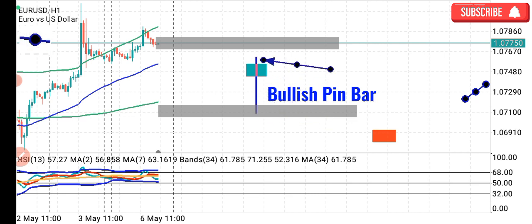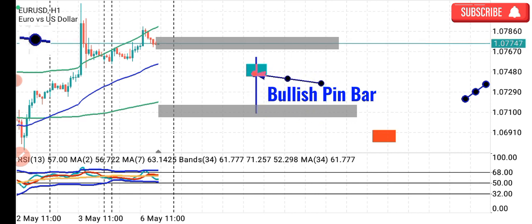So a pin bar is a candlestick pattern that has a body and a wick, and for a valid pin bar, the wick must be 2 times or more bigger than the body.